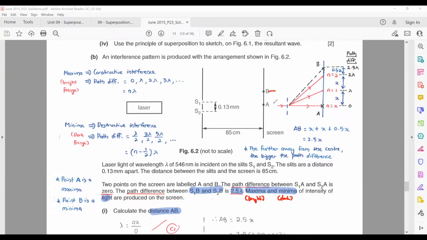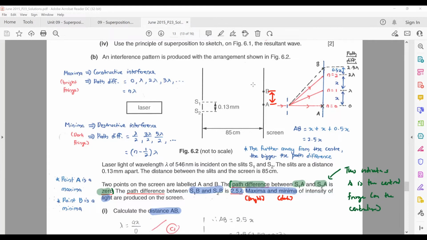What is the distance from here to here? Now, there's one important part here that you can see. They tell you the path difference between S1A and S2A is 0. What is the significance of this statement? This indicates that A is the central fringe on the center line.